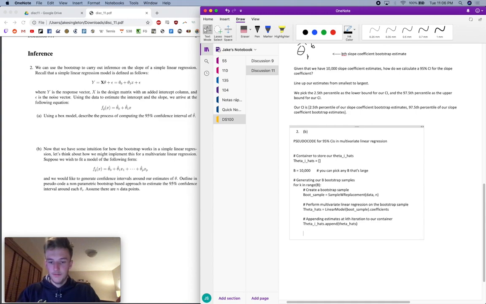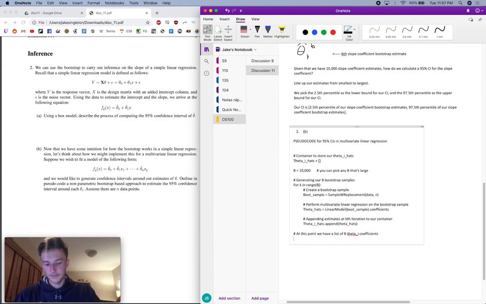And so at this point, let's take stock of what we've done. We have a list of B theta I coefficients. And this is where the vectorization thing I was talking about comes in.